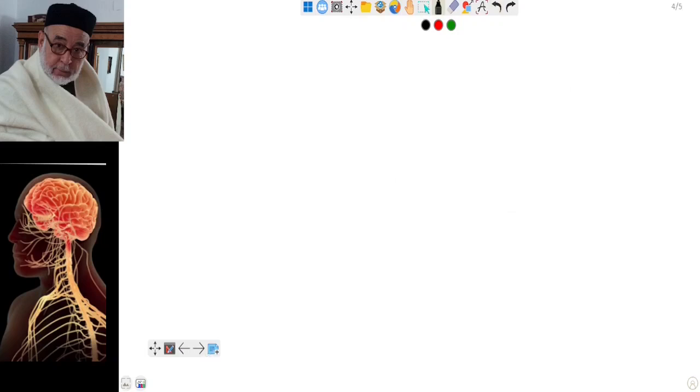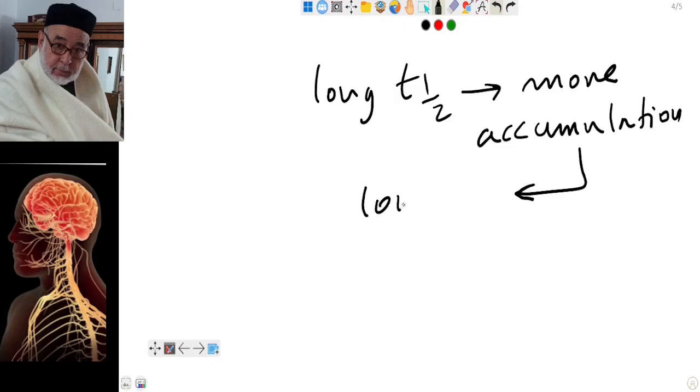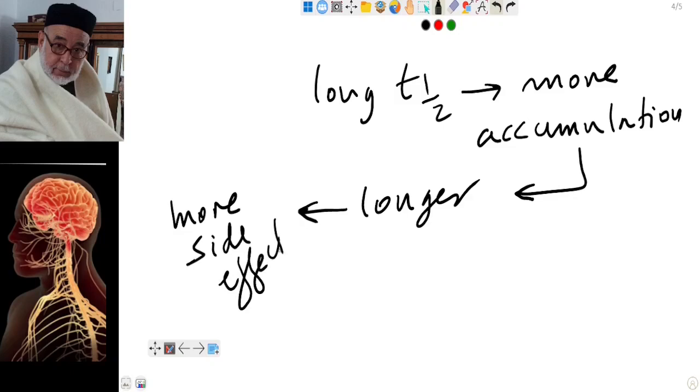What is the clinical importance of the difference in the T-half? The clinical importance is that the longer the T-half, the more the accumulation in the body. That means the drug will be accumulated more and will stay longer in the body, and this means more side effects. Suppose that a person takes the drug at night before going to bed.